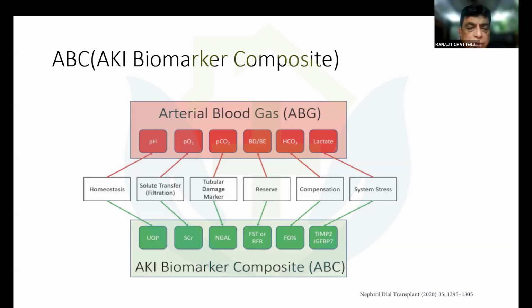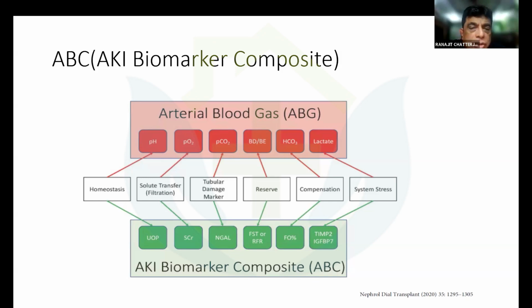Marker of tubular damage similarly is the NGAL. Reserve can be seen by furosemide stress test, or compensation can be seen by your fluid overload percentage, and the system stress can be seen by stress markers. I guess maybe they will formulate a question on this, so you should be knowing about this.